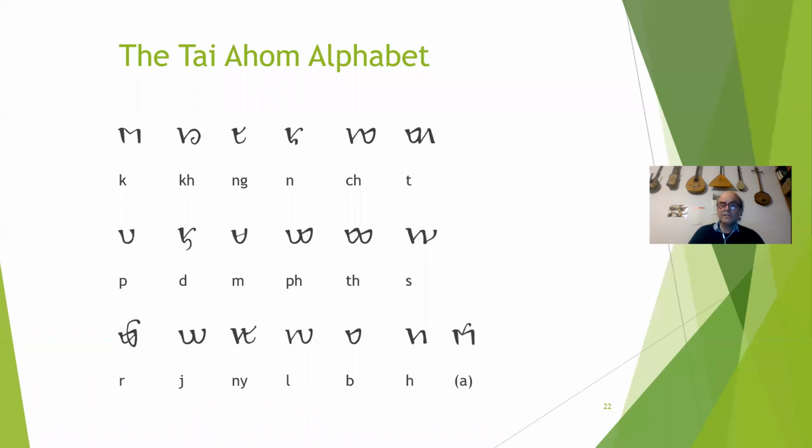This, as many of you know, is the list of Tai Ahom consonants. You can already see there are 17 there. And even though the Tai Ahom alphabet has ways of writing a couple of other letters for borrowed words, like da and ba and so on, it still has nowhere near as many symbols as the Bangkok Thai script. In fact, about half. This is because it does not preserve the historical sounds that were preserved in Bangkok Thai writing.